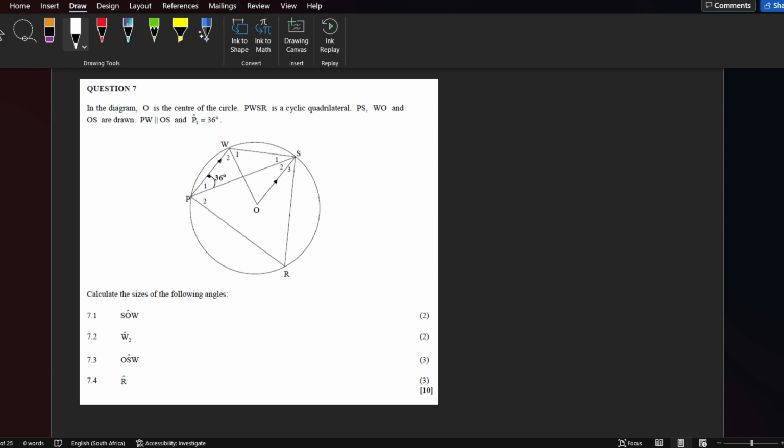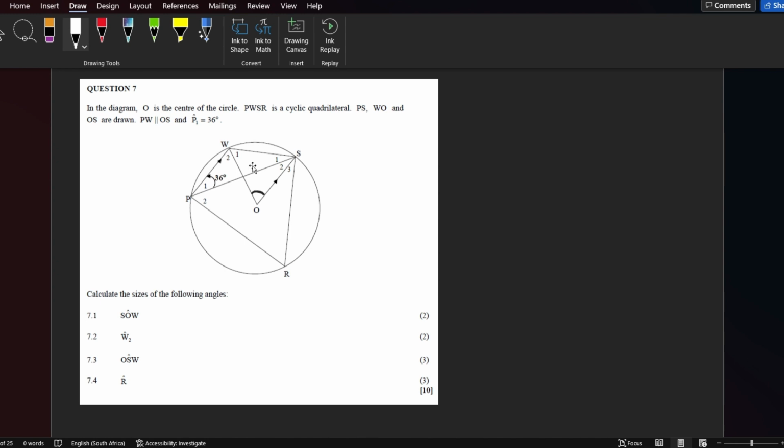So the first question asks us to find the size of angle SOW, which is this angle here. Okay, so they want us to find SOW. Looking at SOW, O is the center of the circle. And looking at a circle center O, we see that the points S and W subtend this angle SOW, and the same points S and W subtend this angle P1.